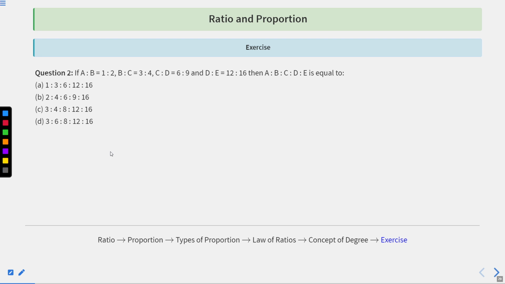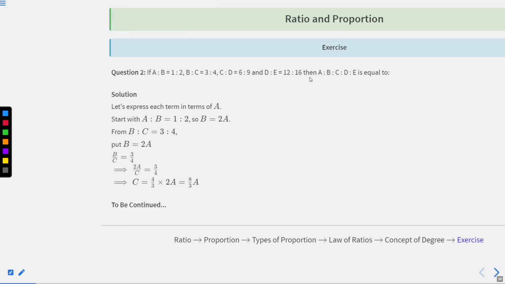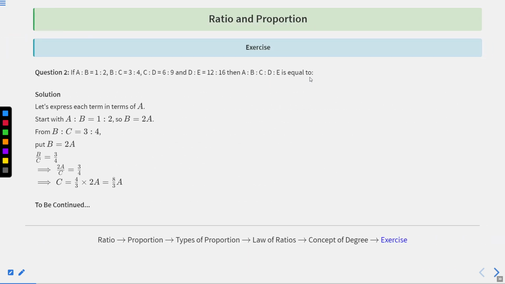Let us now move to question number 2. If A is to B equals 1 is to 2, B is to C equals 3 is to 4, C is to D equals 6 is to 9, and D is to E equals 12 is to 16, then A is to B is to C is to D is to E is equal to? Let us express each term in terms of A. Start with A is to B, which is given to be 1 is to 2.